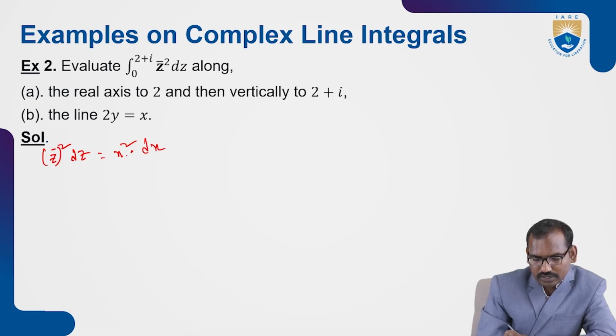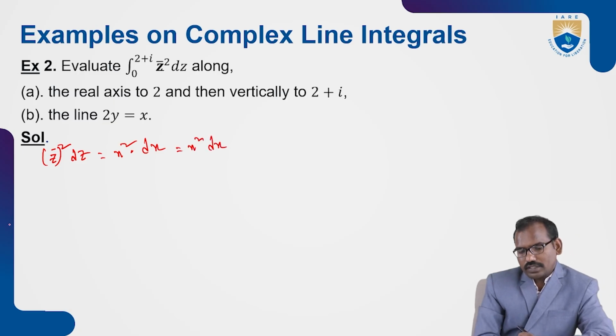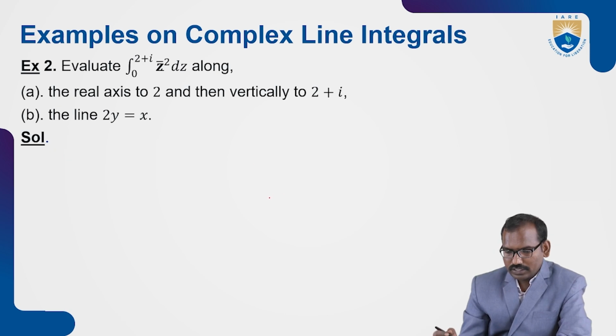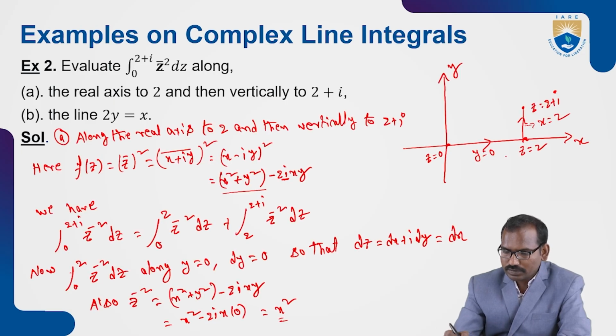We calculated dz; it is dx. So that is simply x square dx. Here we are getting this product in terms of x. On this path, how is x varying?